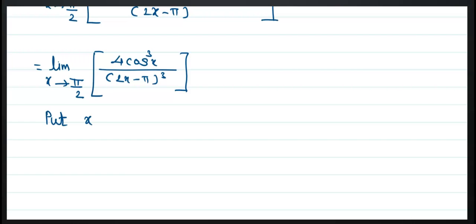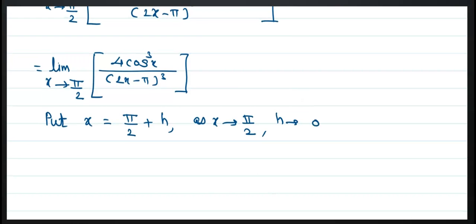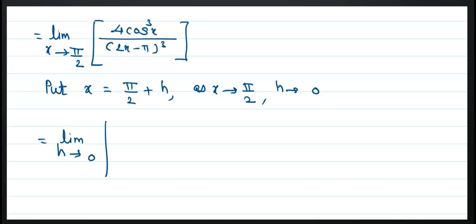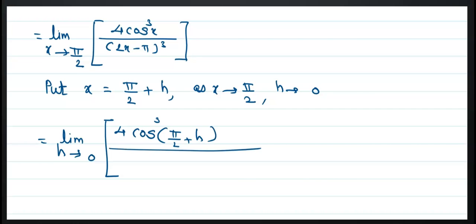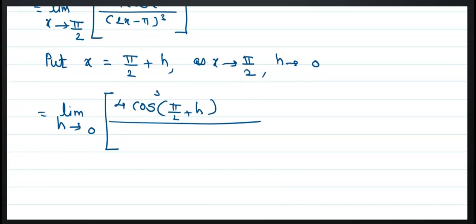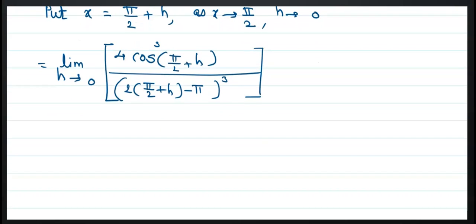Now put x equal to pi by 2 plus h. As x tends to pi by 2, h tends to 0. Limit h tends to 0, 4 cos cube of (pi by 2 plus h) upon (2 in bracket pi by 2 plus h minus pi) cube.